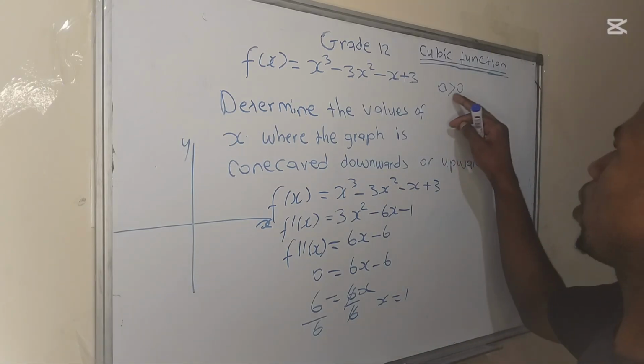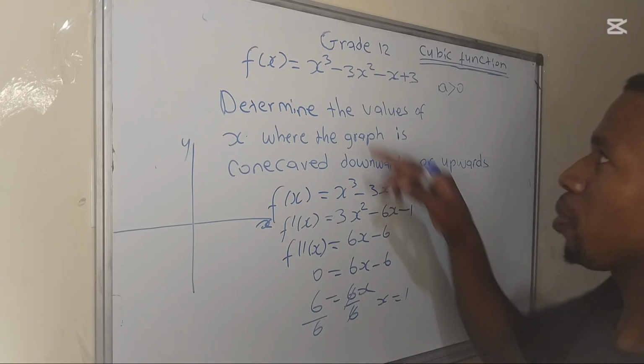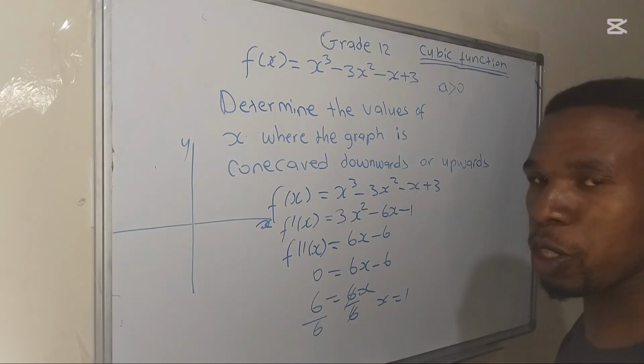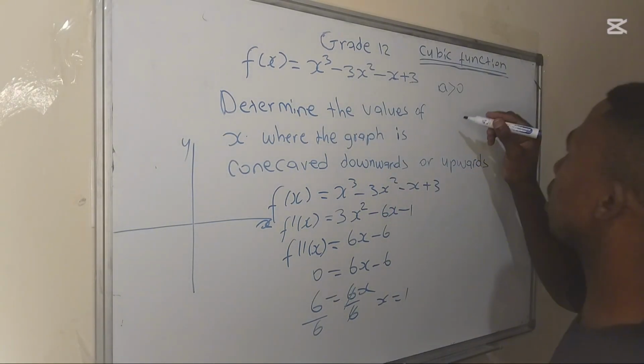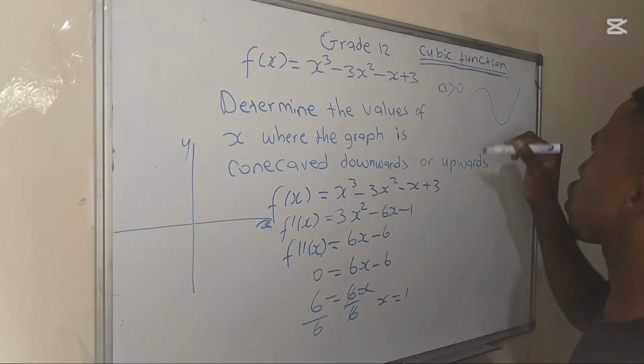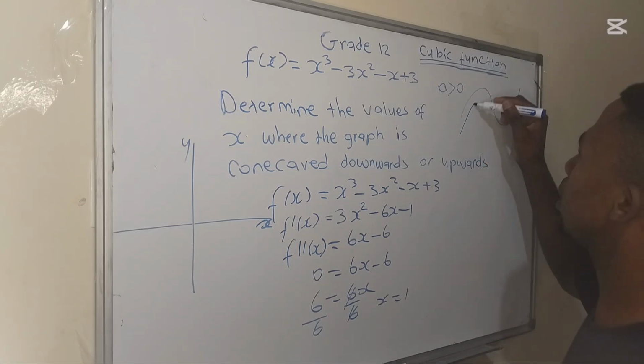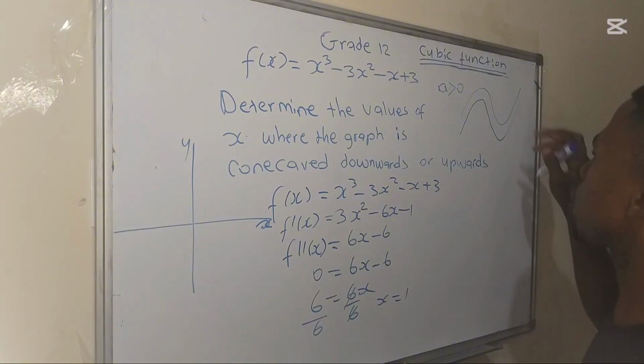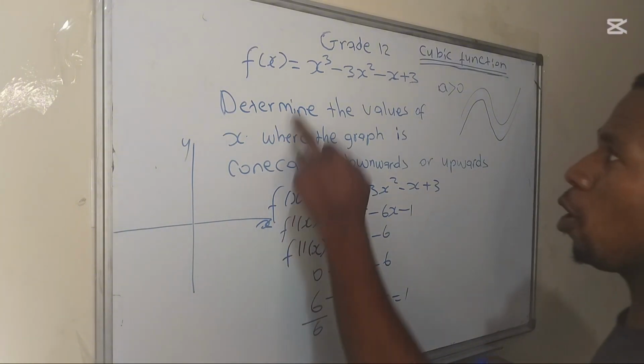So whenever the value of a is greater than 0, this equation will always be called an increasing function. This is the shape of the increasing function of a cubic function. It is going to start by increasing, going upwards, before it can decrease.